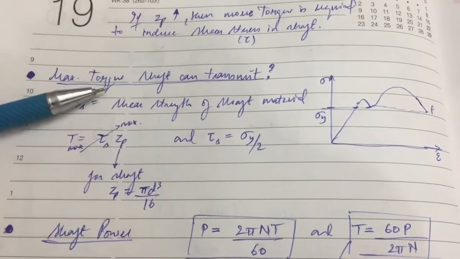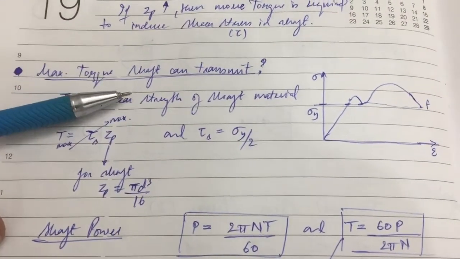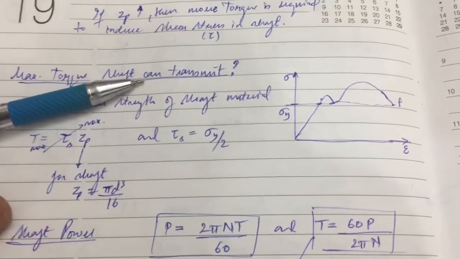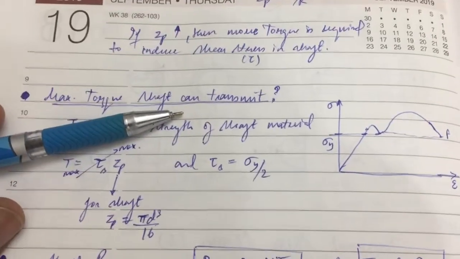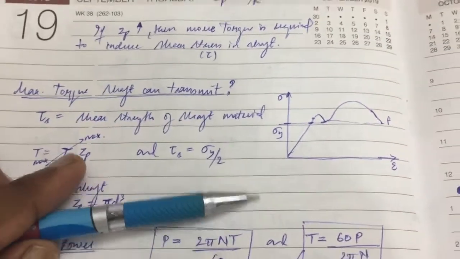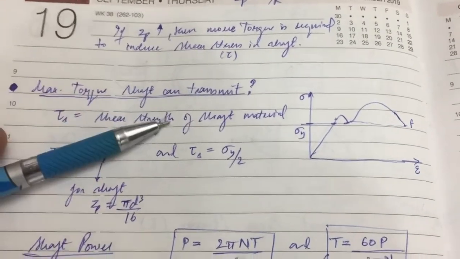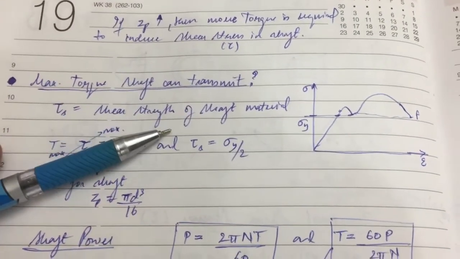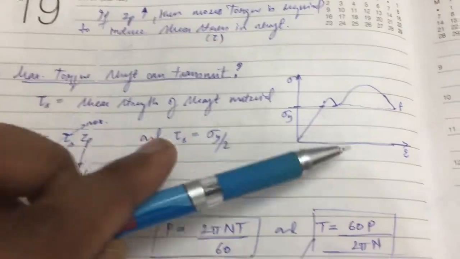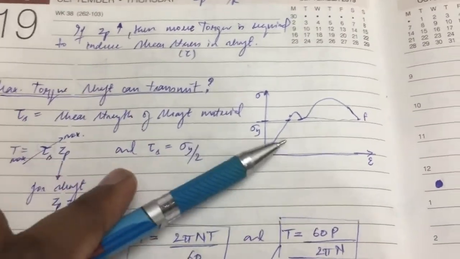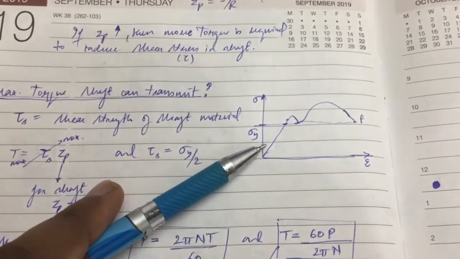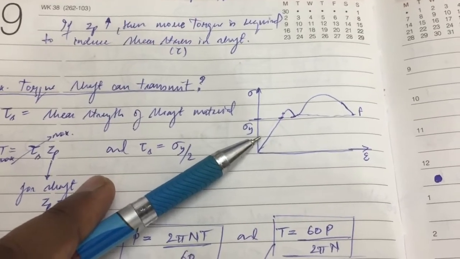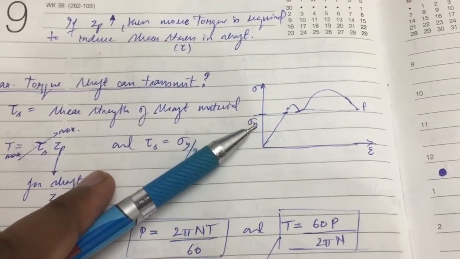How much is the maximum torque that a shaft can transmit? To transmit the maximum torque, the shaft should have maximum shear strength. The shear strength of the shaft can be calculated from the stress strain curve, from which we get the yield strength.